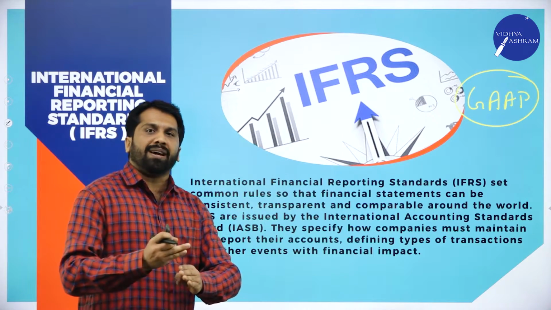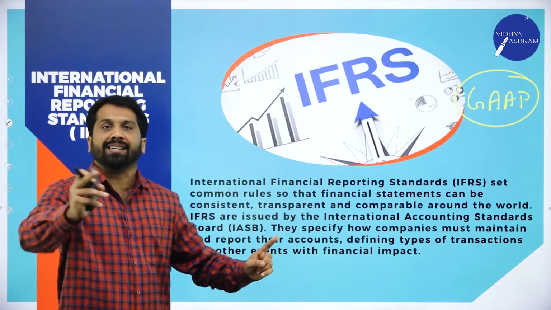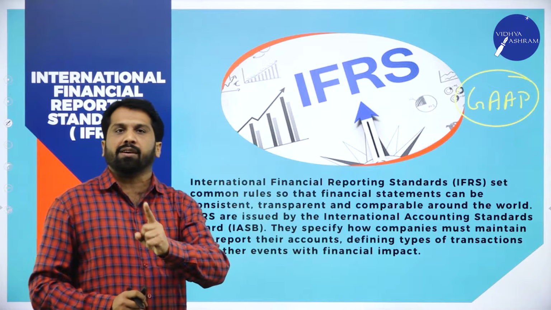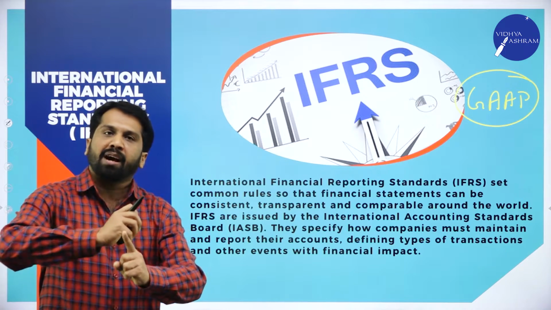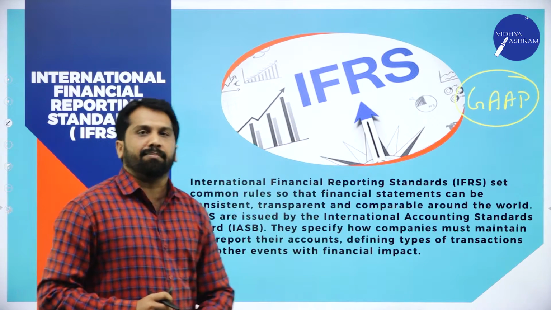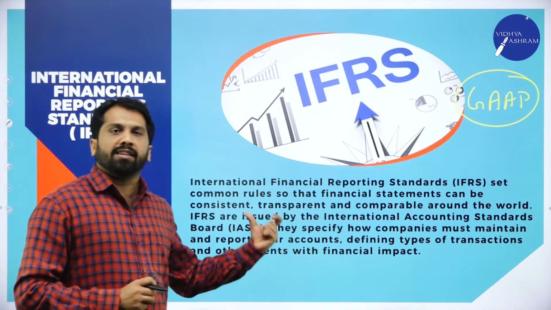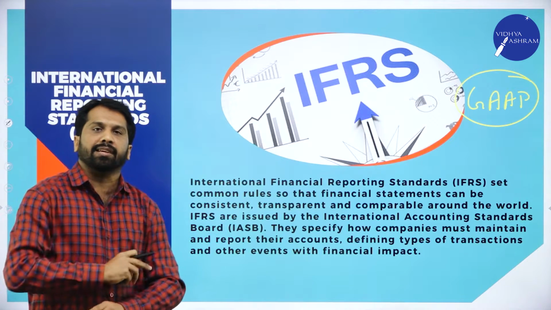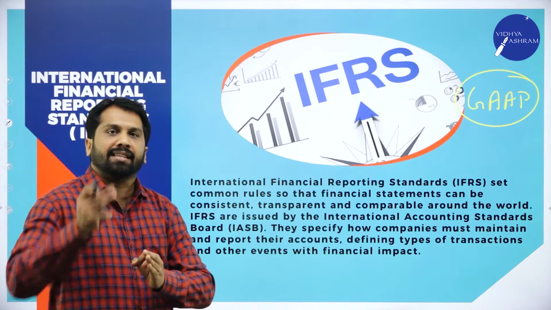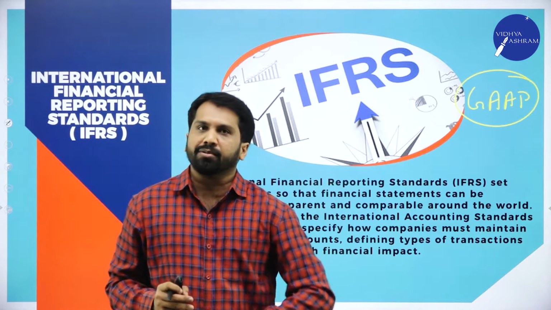You can do comparison between one company to another company. How? If you are maintaining one kind of uniformity in your accounting preparation, then you can compare with other companies. So, IFRS will give you certain rules and regulation. If everybody follows that, then everybody is in the same kind of accounting.